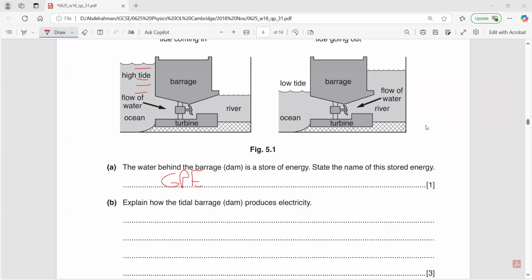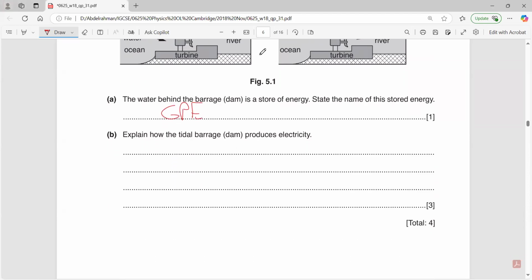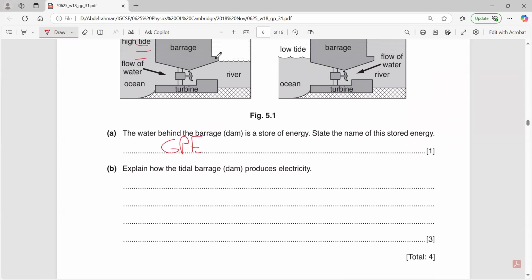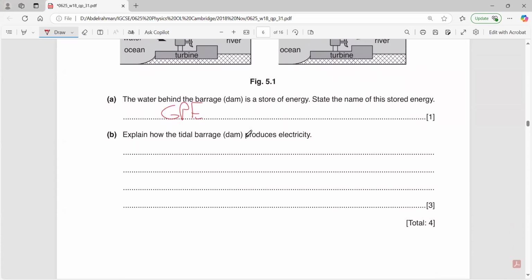Explain how the tidal barrage produces electricity. How is electricity produced? We have a turbine, we have a generator. As the water moves, it changes from what type of energy to what type of energy? It changes from gravitational potential energy to kinetic energy. Let's write it down.